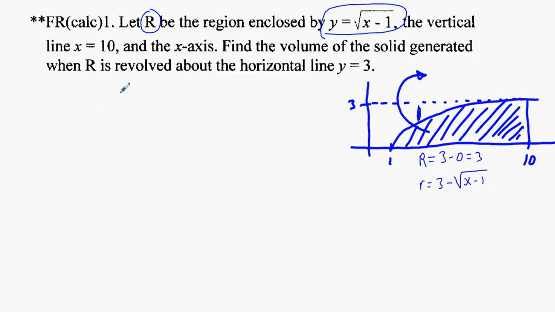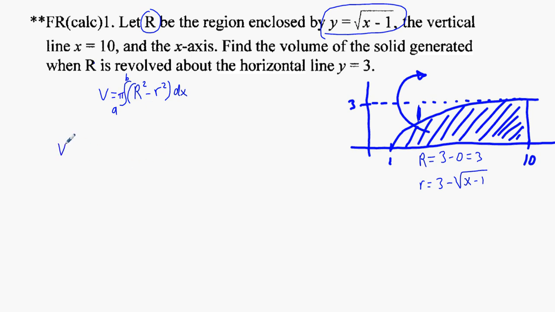So the volume is going to be similar to that of note card 72: the integral from a to b of big R squared minus little r squared dx, assuming a rotation with respect to x. And then we have also the pi out front, not to be forgotten for rotation.